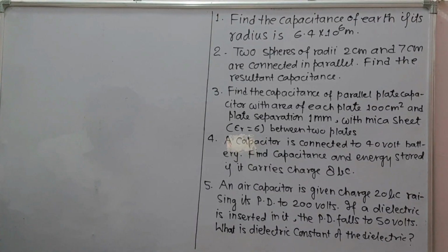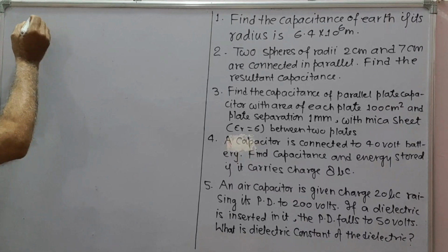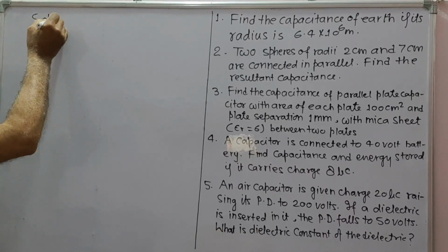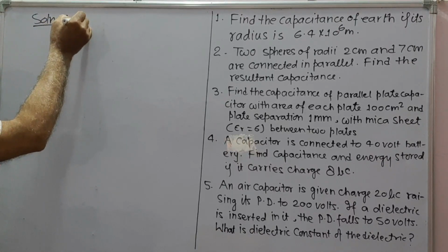Now question number 1. Find the capacitance of earth if its radius is 6.4 into 10 to power 6 meter. Solution to question first.